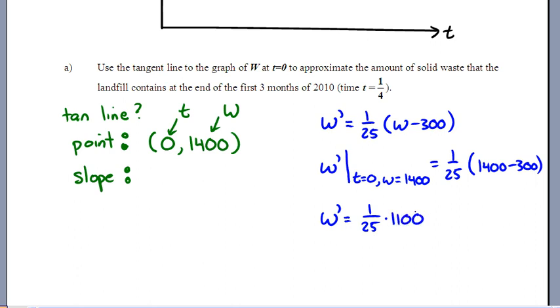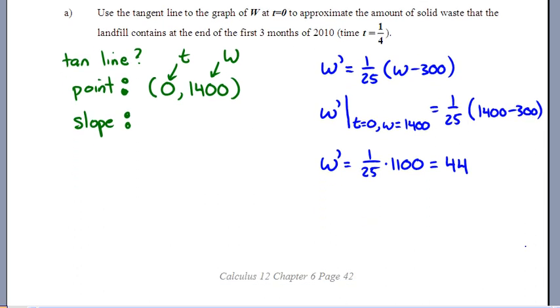Okay, well, how many 25s are there in 1100? There are 4 25s in every 100, and I've got 11 of these hundreds. So 4 times the 11, it's actually going to be 44. You could do that without a calculator. And if it was a no calculator section of the AP exam, you could just leave it as 1/25 times 1100. That's actually totally fine.